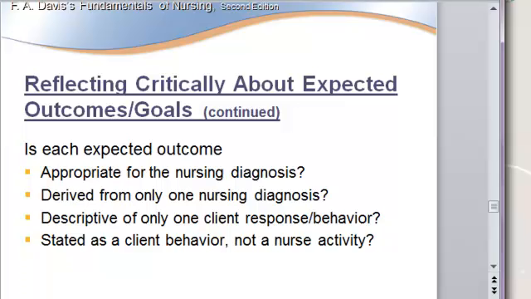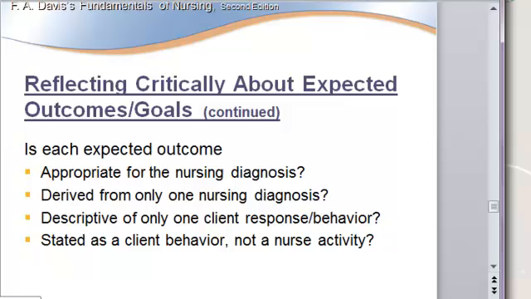We also want to reflect critically about expected outcomes and goals and ask, is each expected outcome appropriate for the nursing diagnosis? Is it derived from only one nursing diagnosis? Is it descriptive of only one client response or behavior? And is it stated as a client behavior and not a nursing activity? Very important. It has to be stated as a client behavior.